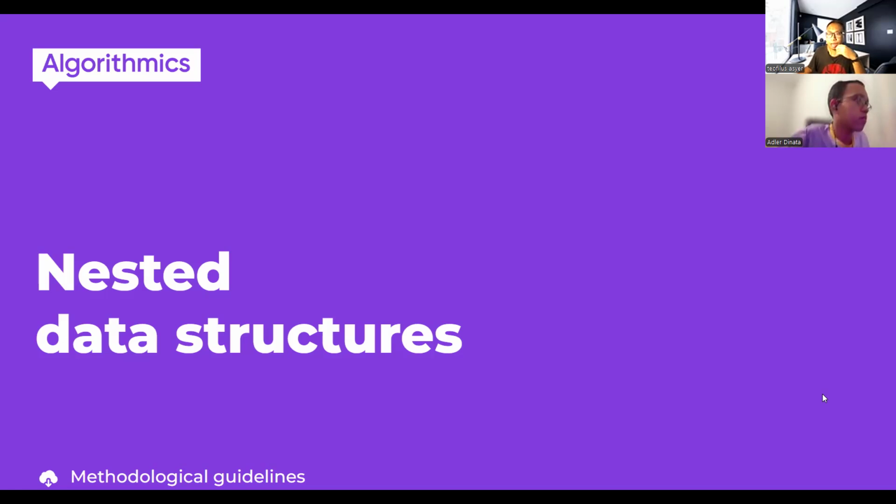So for today, we will continue our lessons with nested data structures. In nested data structures, we learn how to combine and design the data structures that we already learned so far. I think you remember that we already learned about lists, right?